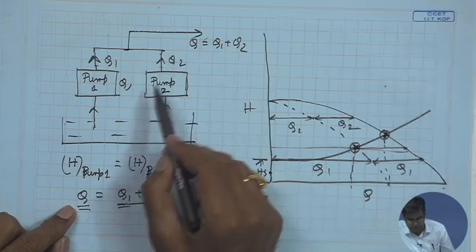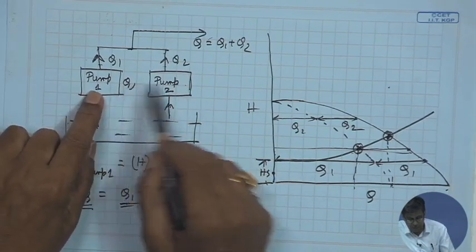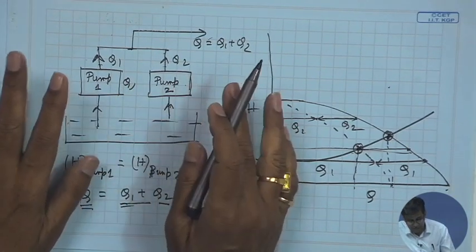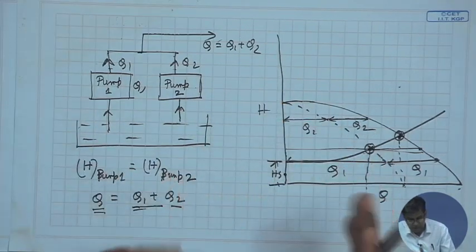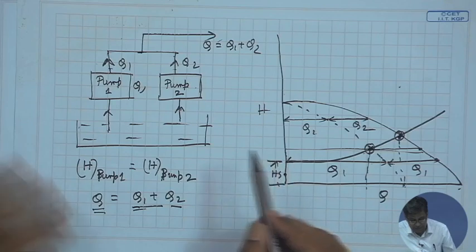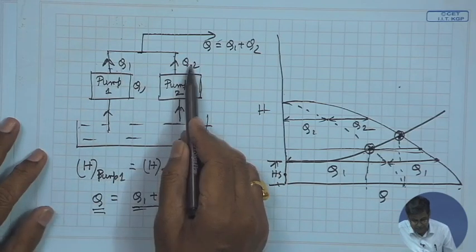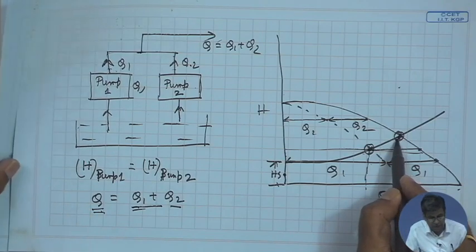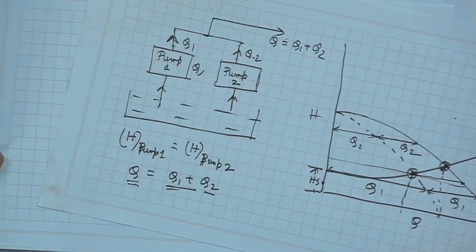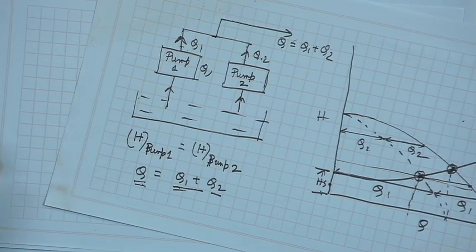The addition of the two flow rates is the final flow rate we state when we find out the characteristic curve, not in case of operation. But in actual operation, when it is integrated with the system, the addition of the two flow rates will not be the final flow rate, it will be different. In a similar way, for pumps in series also it is different.